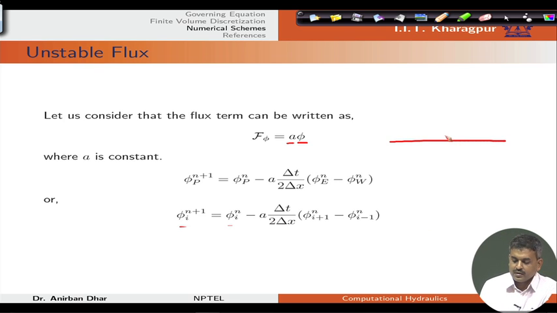If you have the P cell, then at the center we can consider it as i, on the left side it is i minus 1, on the right side we have i plus 1. So, for the east cell this is i plus 1 and for the west cell we have i minus 1, and A delta t by 2 delta x is coming as a constant.